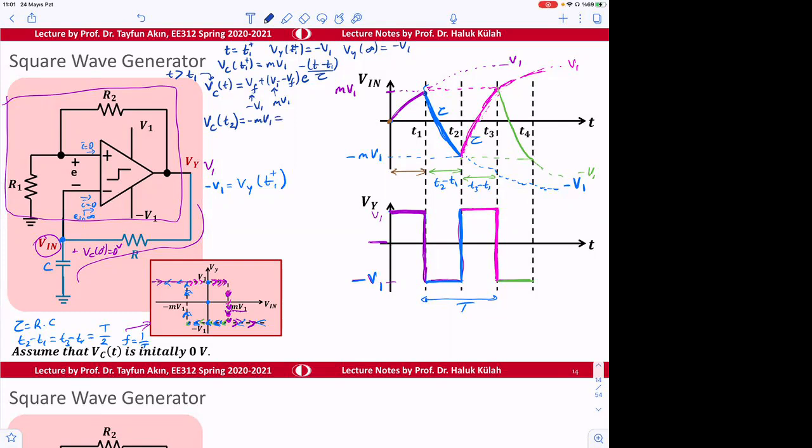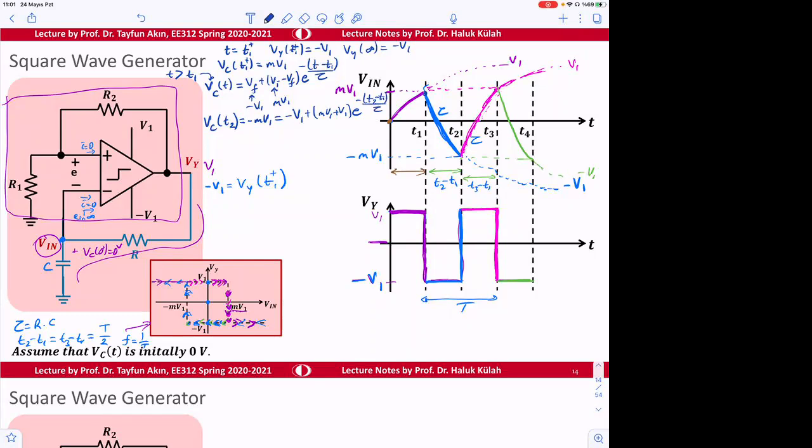Then I can write the equation here: minus MV1 equals minus V1 plus (MV1 plus V1) times e to the power minus (T2 minus T1) divided by tau.